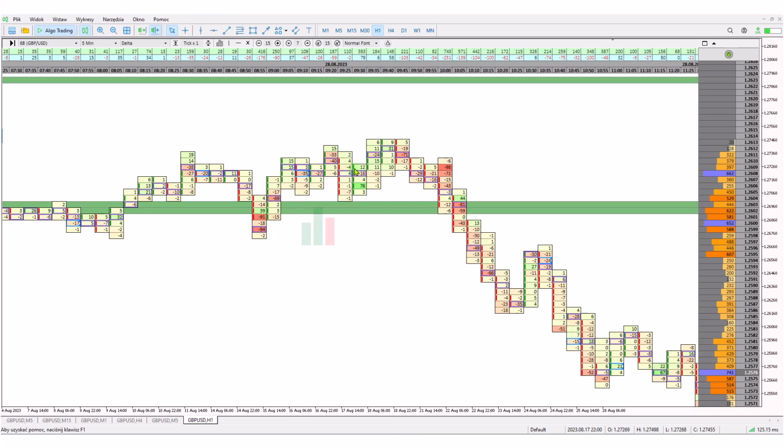Price is still above the OHLC gap, but our bias based on the higher time frame could be bearish because we are in the supply zone. So it's happening before London. We also have, take a look, a big shift on delta from the negative ones to the positive, from -2 to 79.